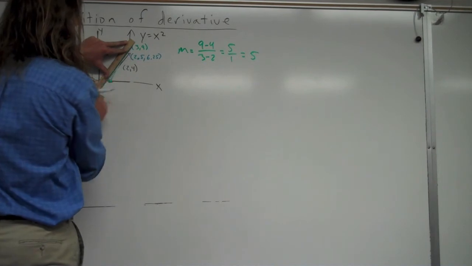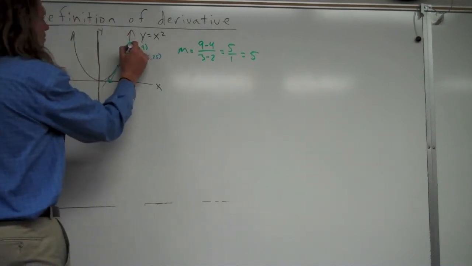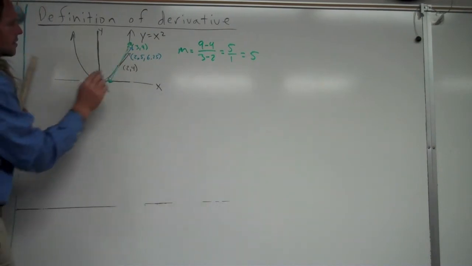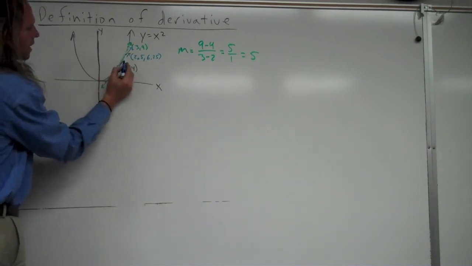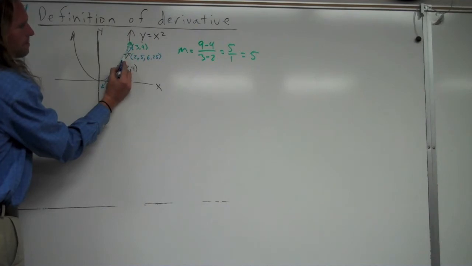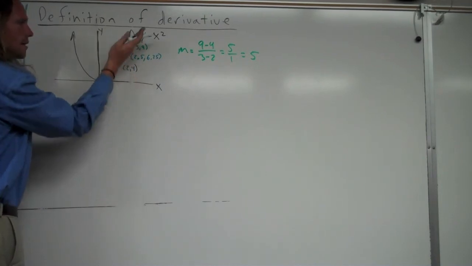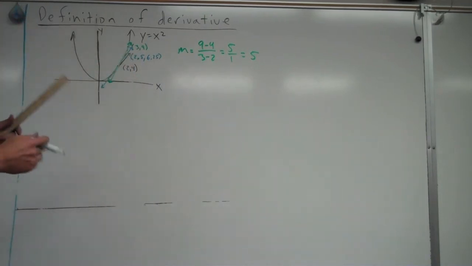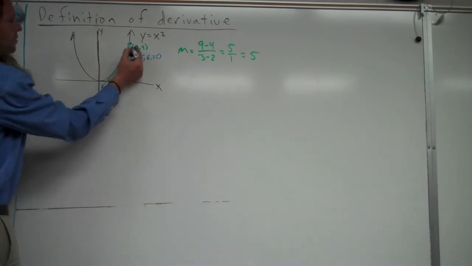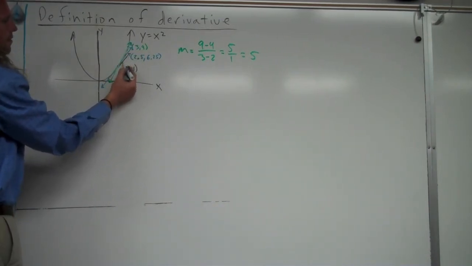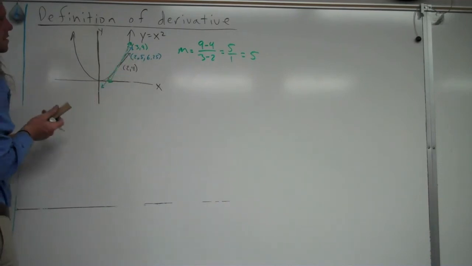What I'm hoping you can see here, and I know it's not too easy to see because it's a little video, is that this blue line ended up being in between the green line we just found the slope for and the line we're looking for. So we got a slope that is closer to the slope that we want. Up here you have your green line that's steepest, the blue line is a little less steep, and then we have our actual slope, which is even a little bit less steep than that.